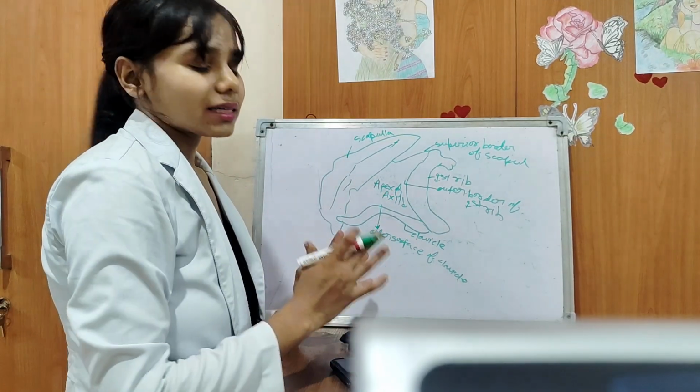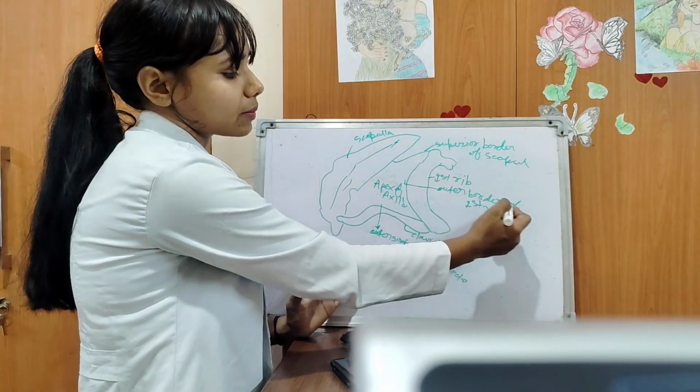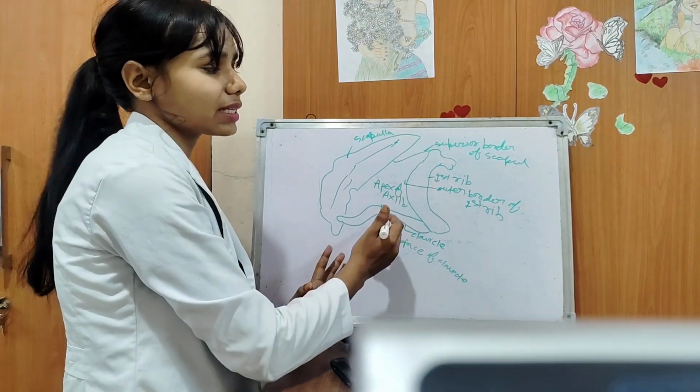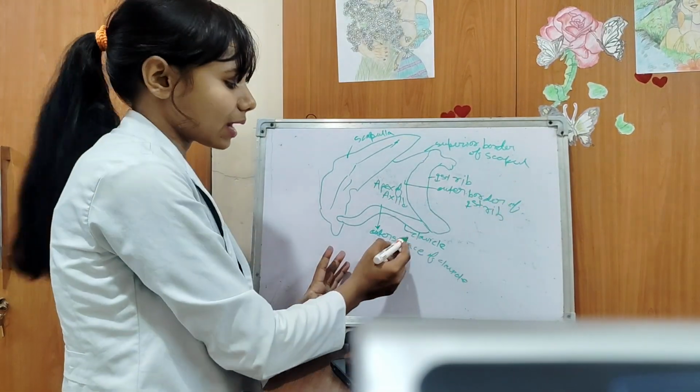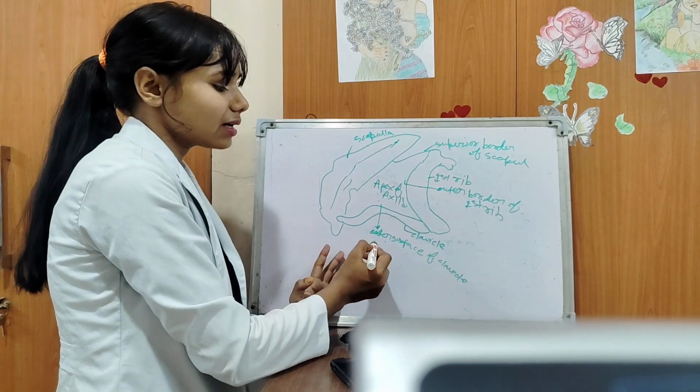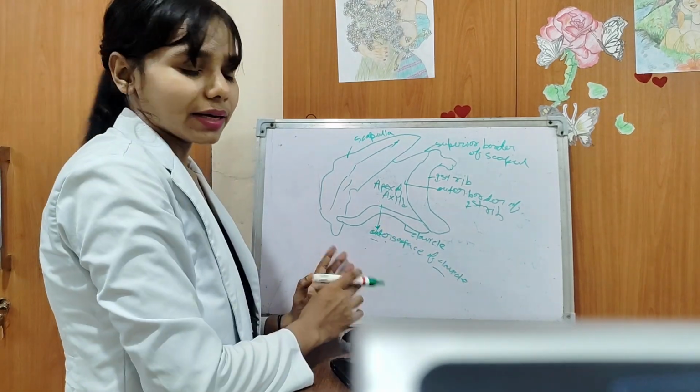So the apex of axilla is bounded medially by the outer border of first rib, posteriorly by the superior border of scapula, and anteriorly by the outer surface of clavicle.